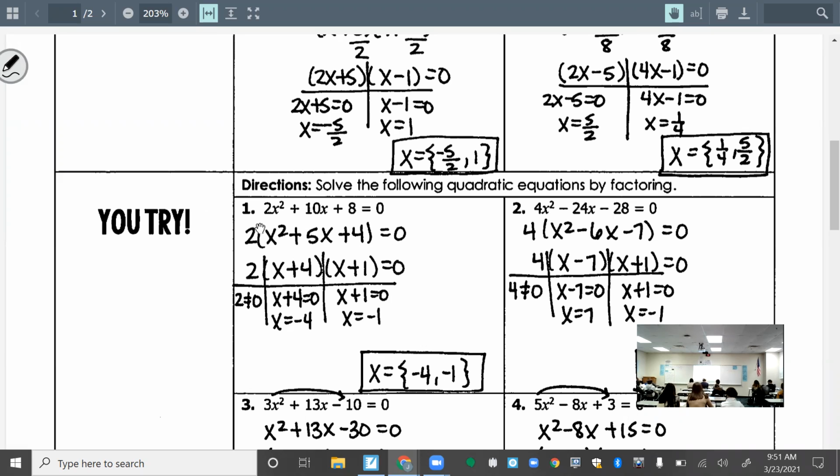Then you can factor the parentheses using the diamond method. 2 numbers that multiply to 4 but add to 5 are +4 and +1. Set each factor equal to 0. 2 equal to 0 doesn't make any sense. The middle one, -4 plus 4 gives me 0, and -1 plus 1 gives me 0. So that's why those are my final answers. All right, makes sense?